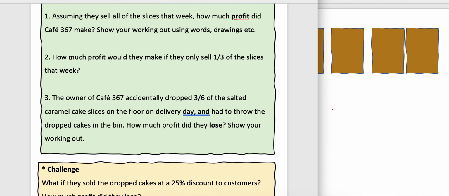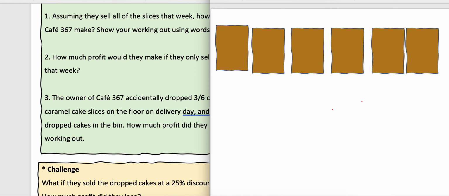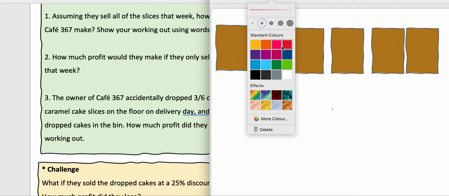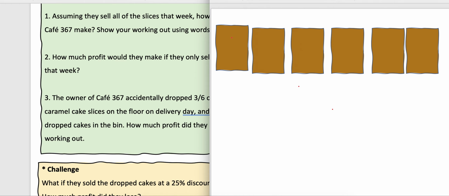Our second question is, how much profit would they make if they only sell 1/3 of the slices? So if we go over to our little diagram over here, you can see that these are our slices. We've got 1, 2, 3, 4, 5, 6 salted caramel cake slices, and they only sell 1/3 of these slices. And as we know, 1/3 is the same as 2/6, which is its equivalent fraction.